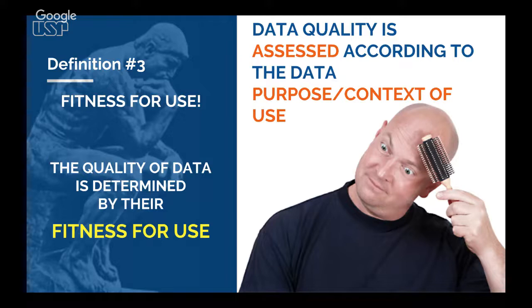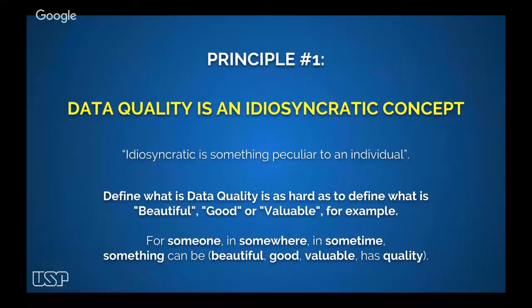We can never say this data is good or not good without considering the context. This is based on a principle that data quality is an idiosyncratic concept. That means it's peculiar to an individual or to a context. So defining what data quality is is as hard as defining what is beautiful or what is good or what is valuable, for example.